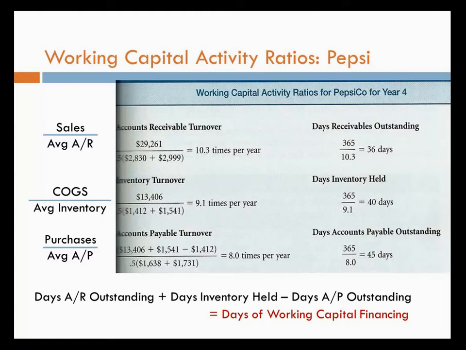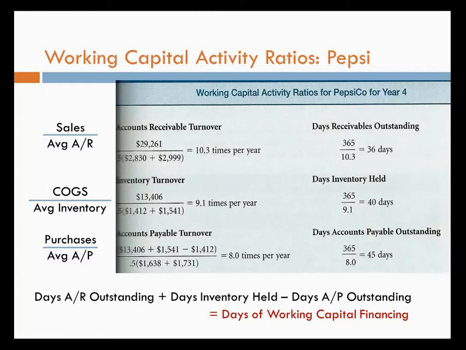Similar to what we said, your days accounts receivable outstanding, 36, plus your days of inventory of 40, minus your accounts payable of 45, tells you the number of days you need to finance in some way. You can either finance it internally through cash you have on hand, or you have to find another source of financing from the external markets.